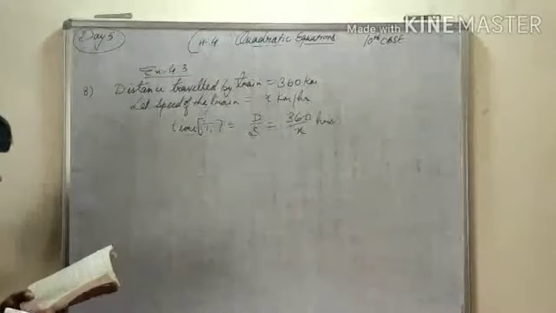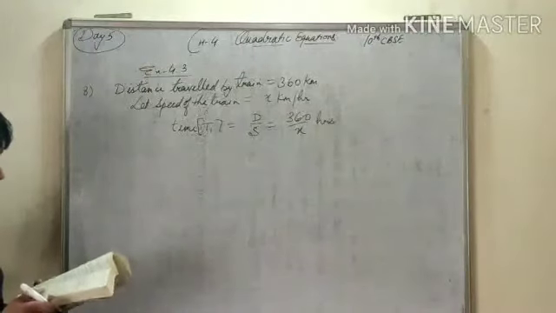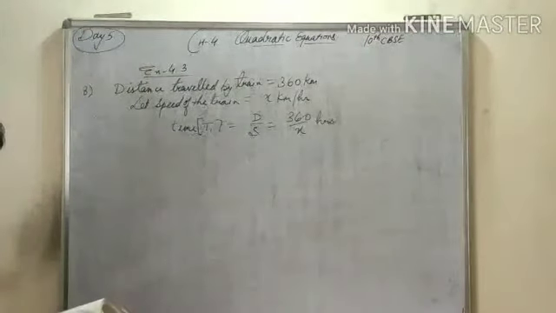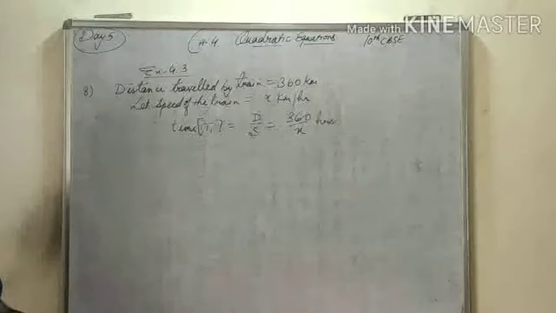According to the given condition, if we add speed 5 km per hour more, so time will be 1 hour less.